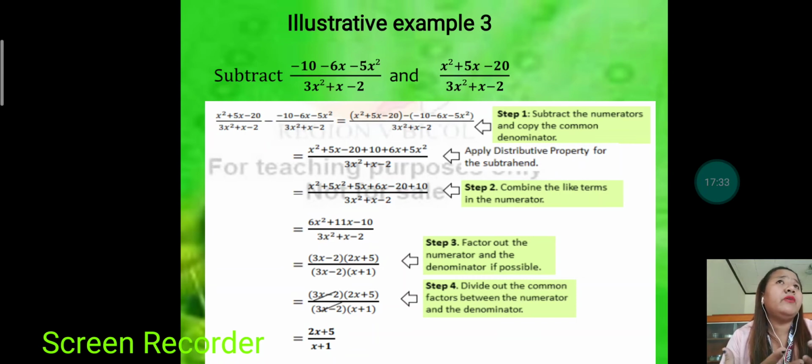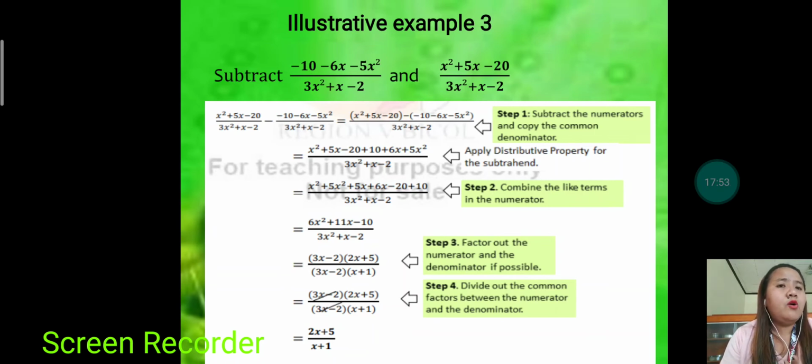Class, pag tayo ay magpa-factor at nagka-cancel tayo, we're going to have the 1 in the numerator and 1 at the denominator. Hindi tayo pwedeng mag-cancel ng numerator, denominator. So, dapat isang numerator, isang denominator.